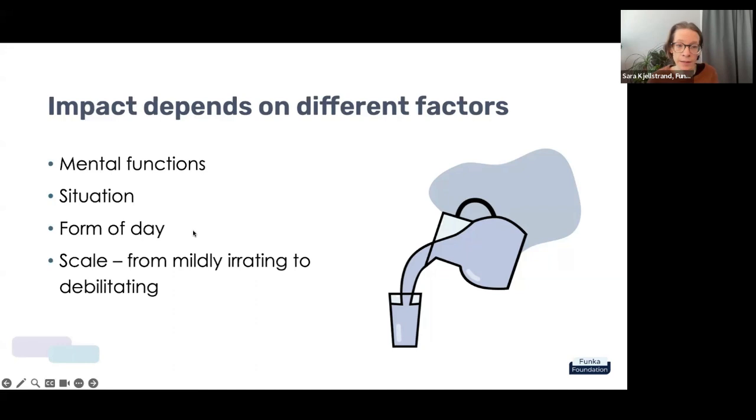And the scale of the impact is very individual. It could be just mildly irritating, but it can also be really debilitating, meaning that you just cannot finish the task and you go to a different web page or turn off the computer.